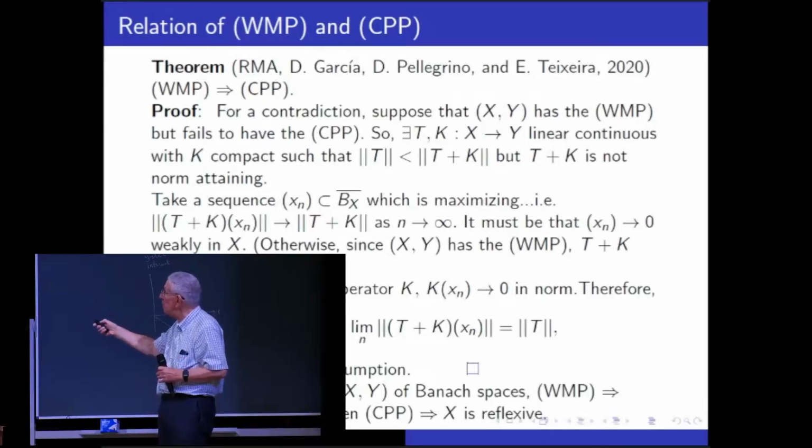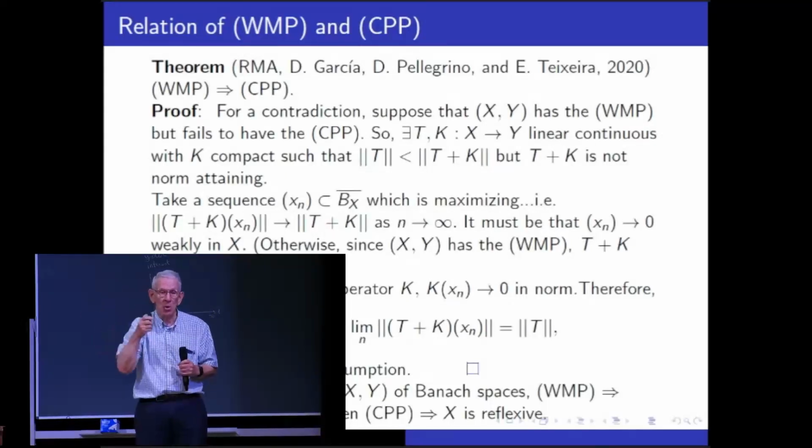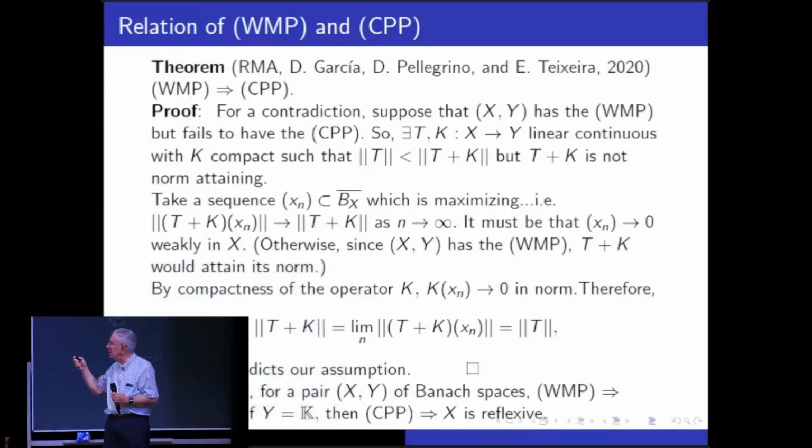By the way, suppose X is reflexive and Y is the scalars. Then automatically you have the weak maximizing property.